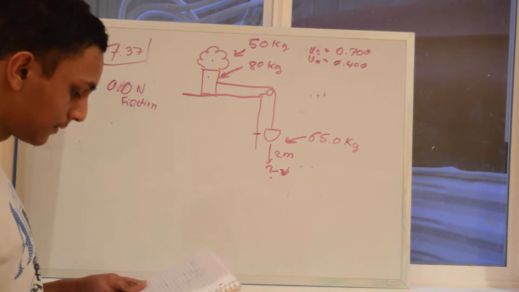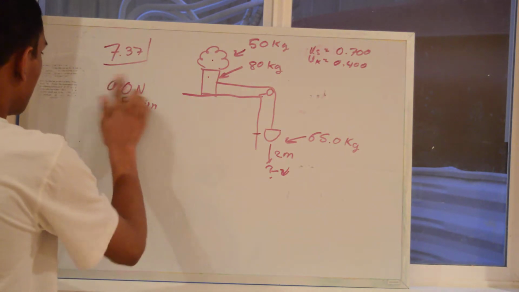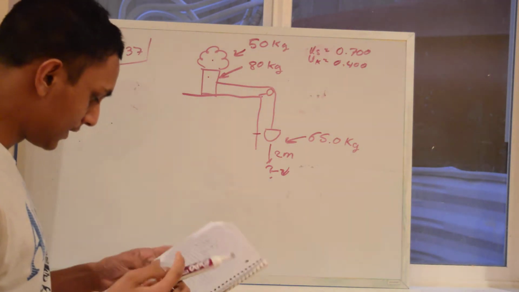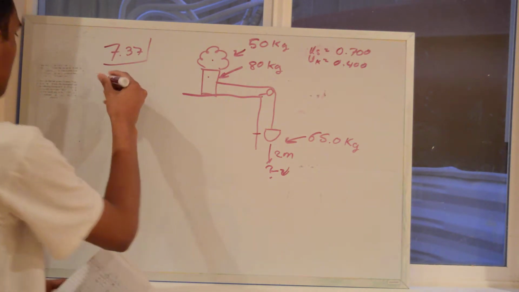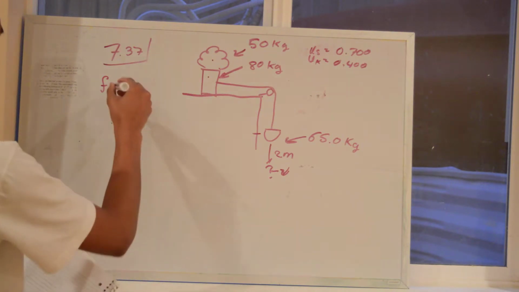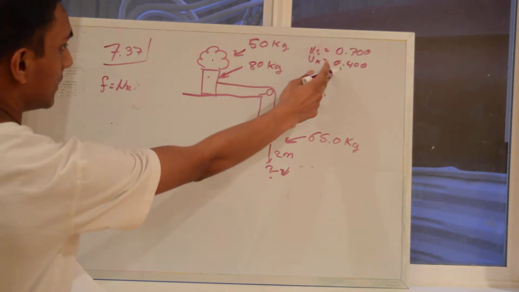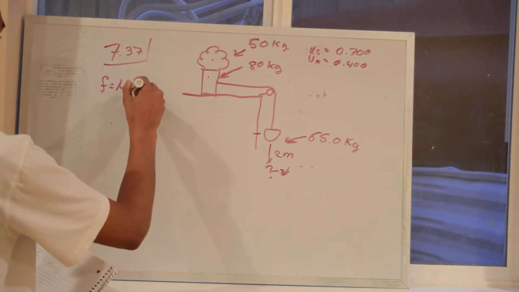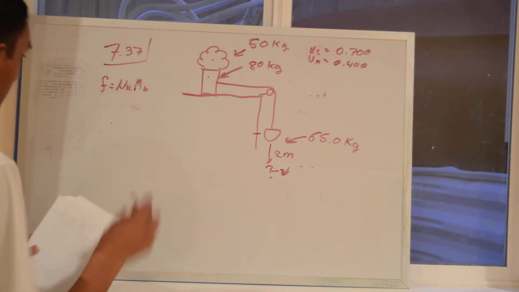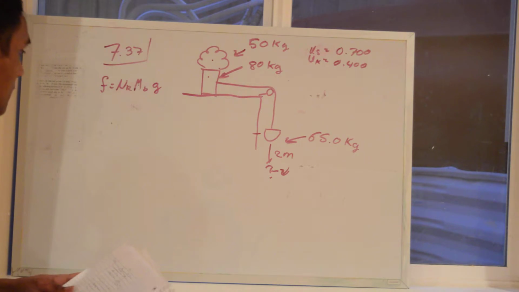So to go ahead and do this, we're going to use our friction equation. So let's erase part A for some room. The friction equation basically says friction is equal to our coefficient kinetic, which is 0.4, multiplied by the mass of the box, which is 80 kilograms, and multiply this whole thing by the gravitational acceleration constant.